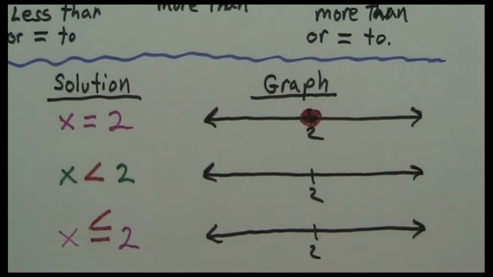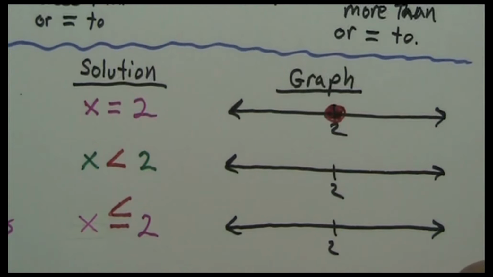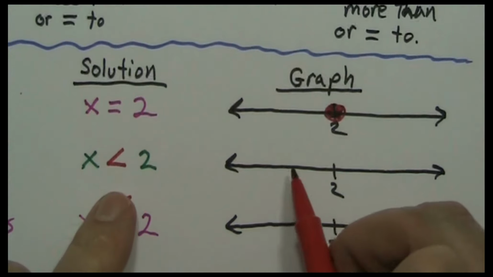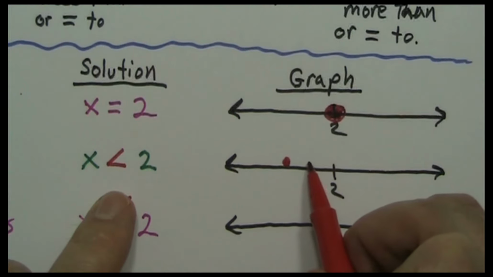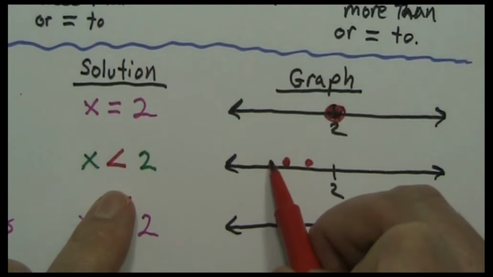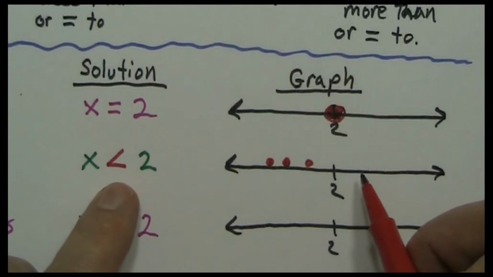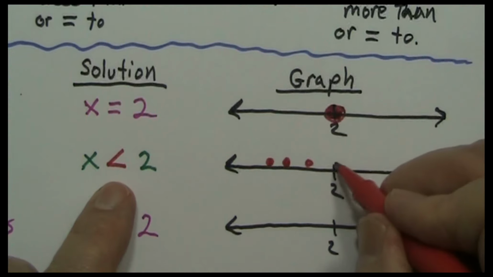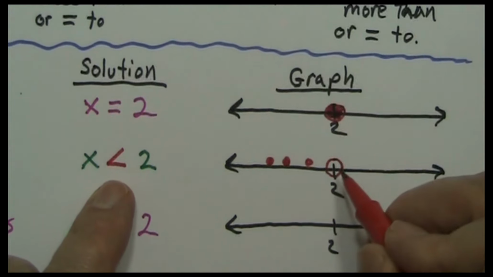They have exactly $2. The next one, less than $2. Okay, that means they could have $1. They could have $1.50. They could have $0. But they can't have $2. It says less than $2. So what you do is open circle on 2, leave it open.